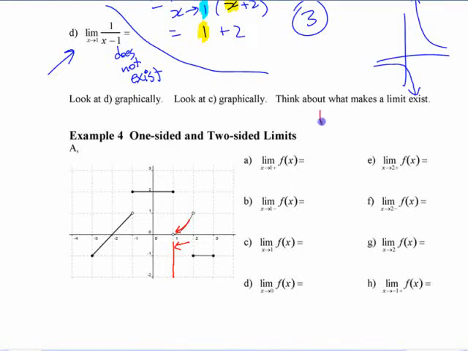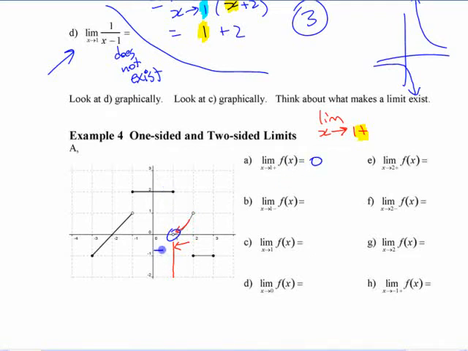You say limit as x approaches 1 plus. This means 1 from the positive side. The right side's the positive side. As you approach 1 from the positive side, that's headed for 0.